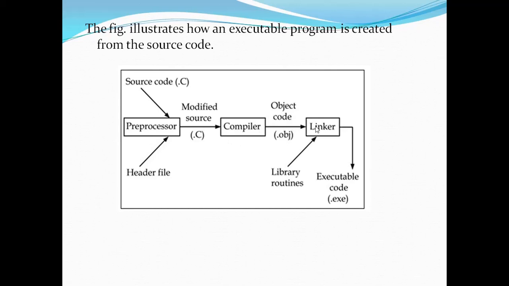This object file is given as input to the linker. It uses the library routines, and then the linker generates the code in executable form, .exe. This is the total explanation of executing a simple C program.